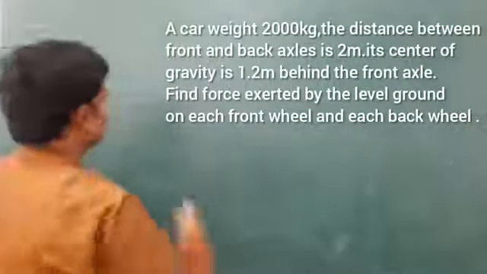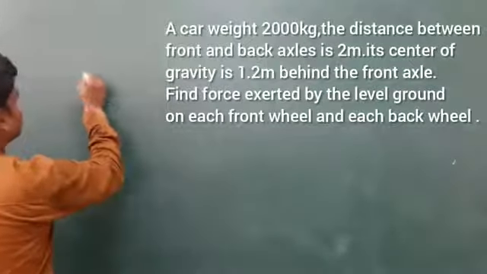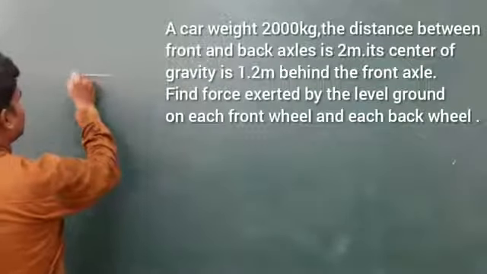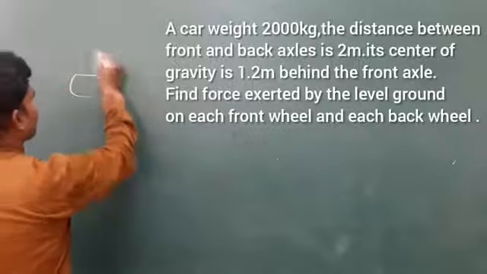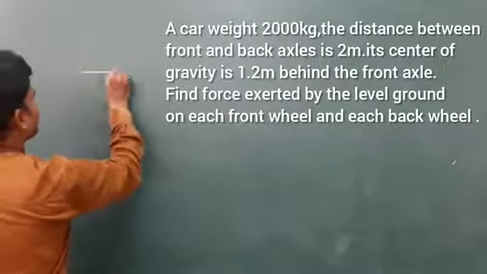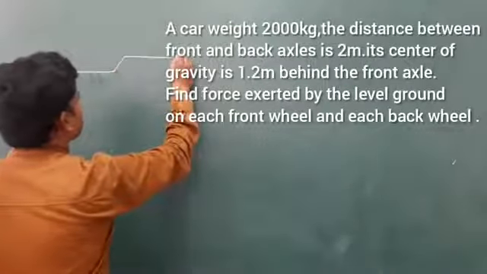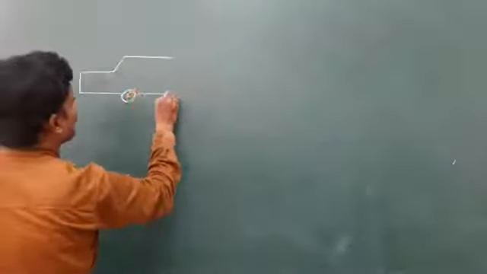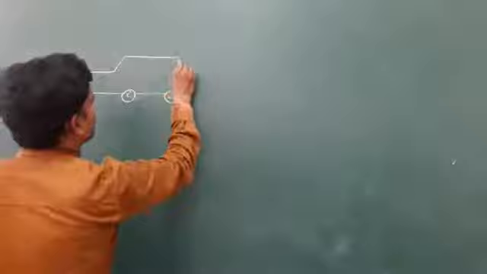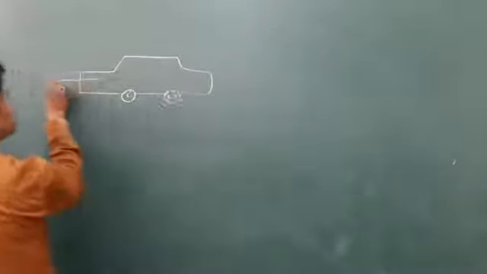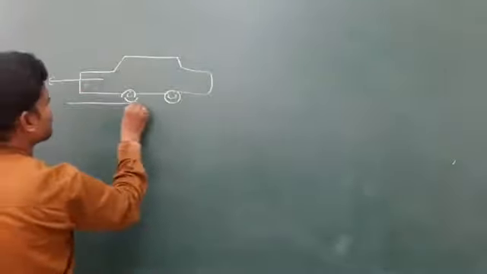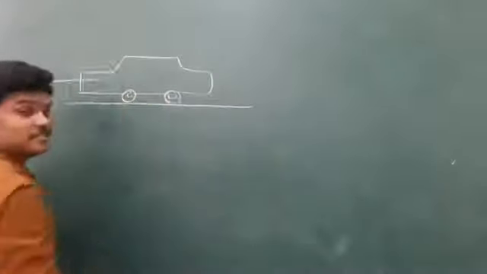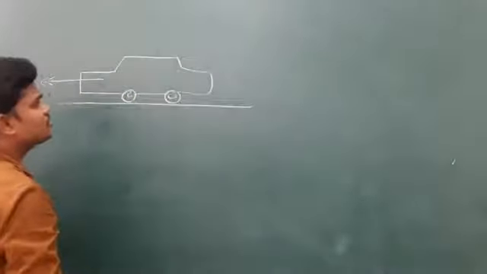Okay, here, this is the car. Let us suppose the car is moving like this. There are two wheels at the front and two wheels at the back.